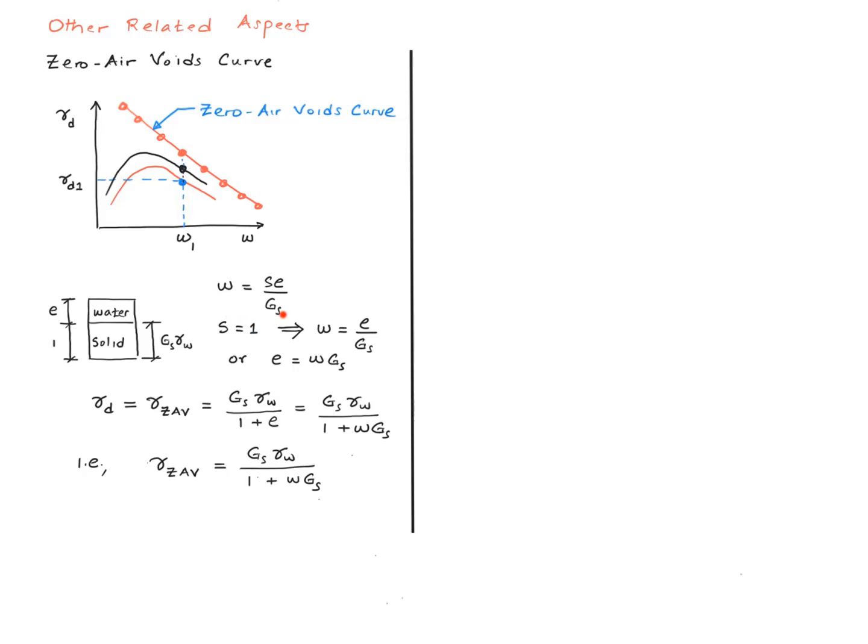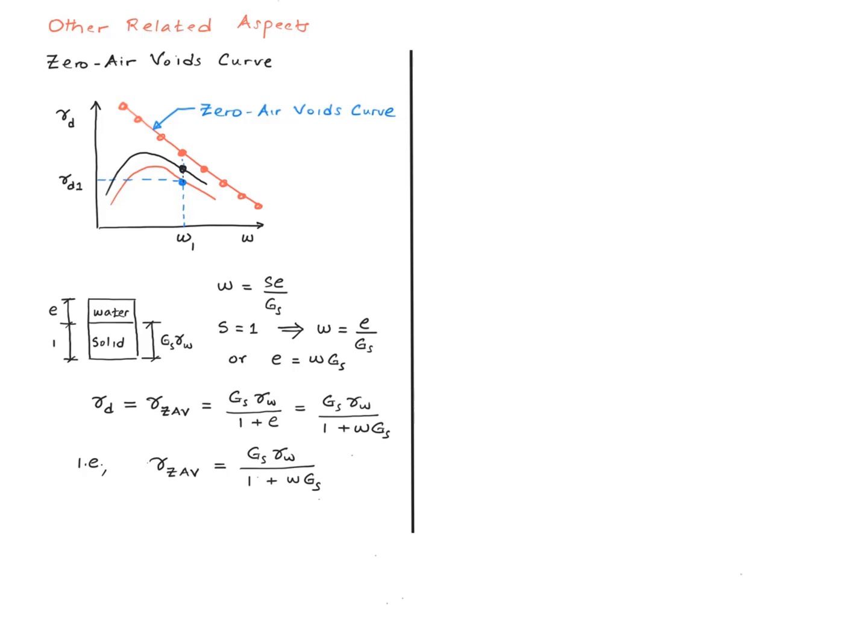This is the relation we had for water content, if you recall. But in our case, the degree of saturation is 1, and therefore water content simplifies to this. By rearranging it, I can express the weight ratio in terms of the water content by this relationship. So now we come and write down an equation for the dry density, and I would call this dry density gamma sub ZAV, ZAV for zero air voids.